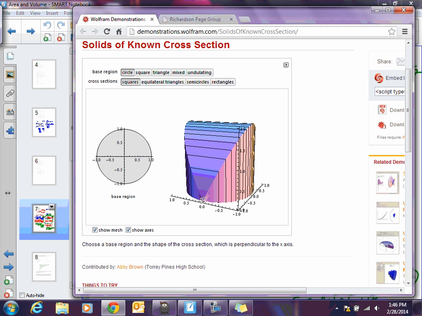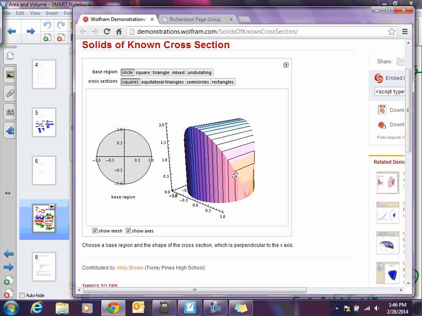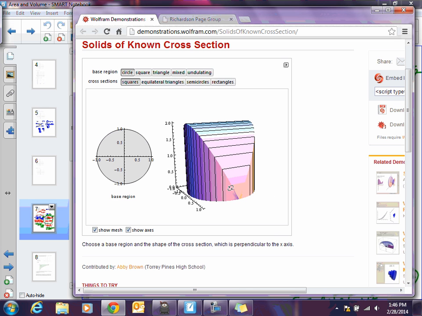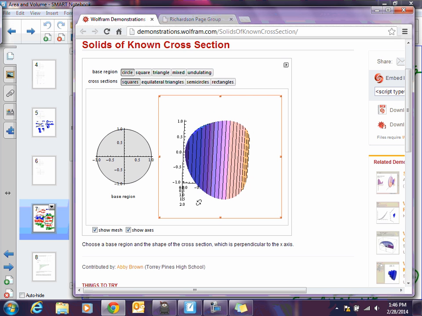The tiniest little square that you can't even see, all the way to the biggest possible square that has a base of, in this case, 10. On this one, it would be a base of 2 because the circle has a radius of 1. And then if you go around the side, the squares get smaller and smaller again, and they're all stacked together.